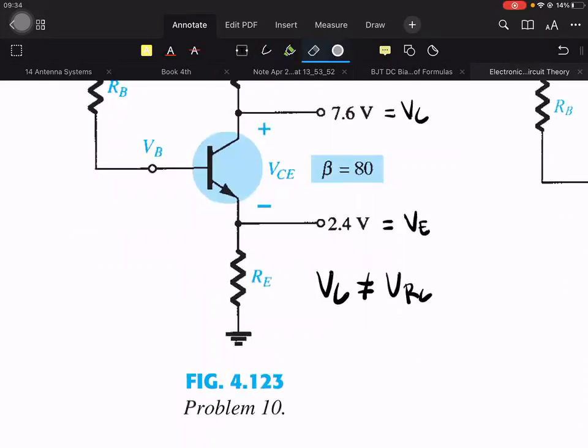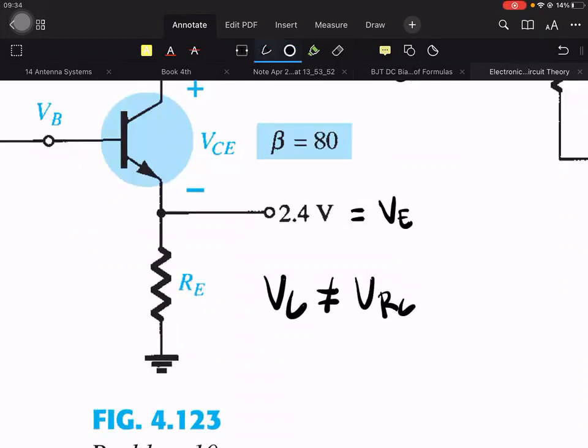Now how about VE? Let's state again that it's not necessary that VE is equal to VRE. Not necessarily, yet in this particular case, they are the same. Why?